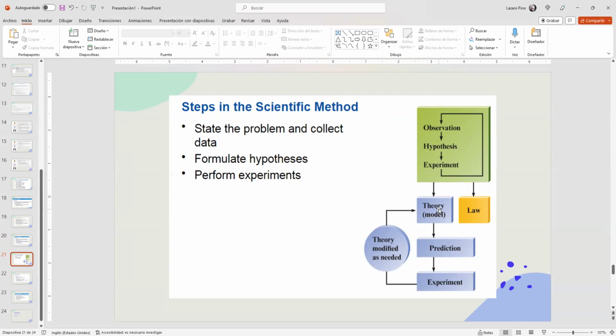The model will modify the theory, but also you can make a prediction by making experiments. Every time, this cycle will go on and on, and the theory will change from one second to another second, because scientific knowledge is changing exponentially every second.